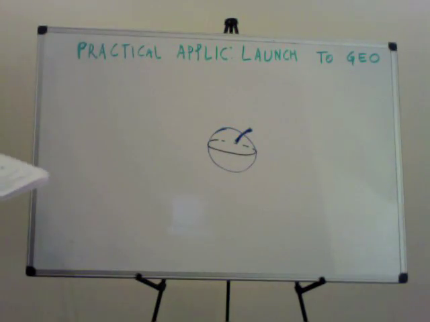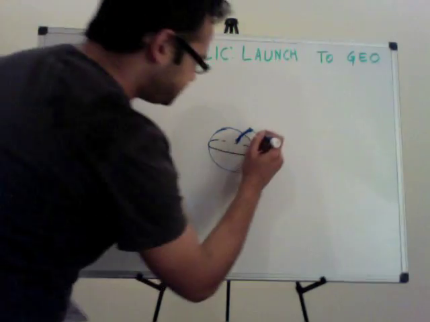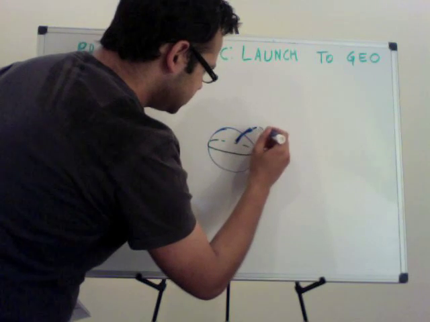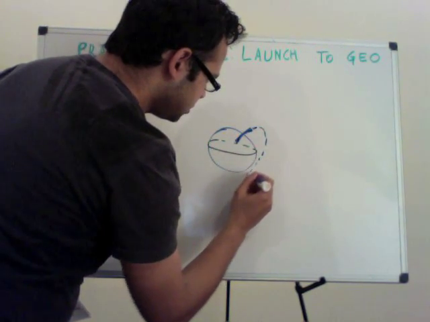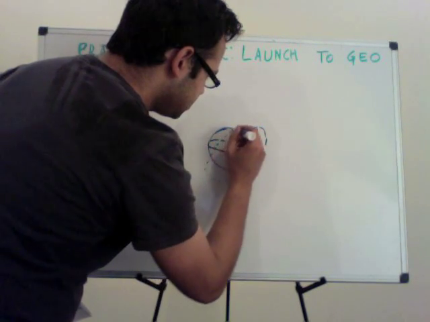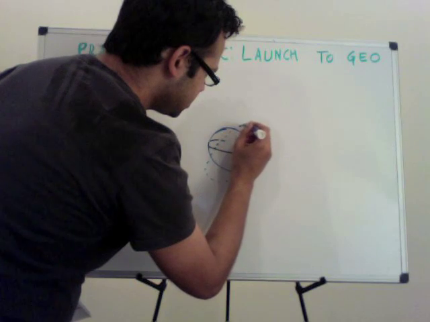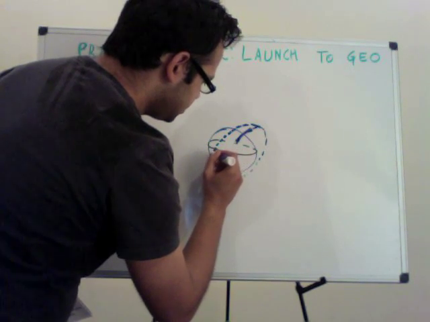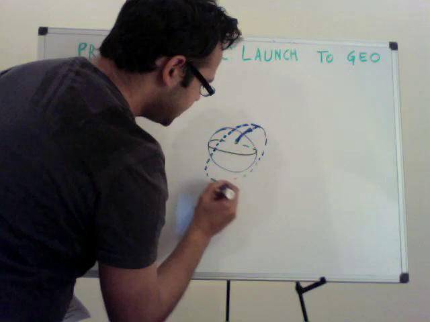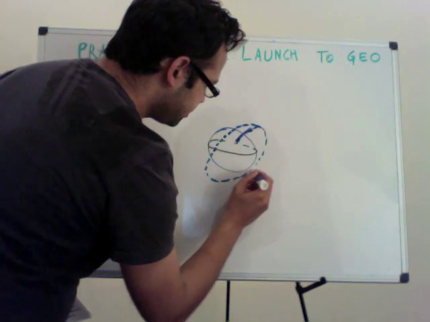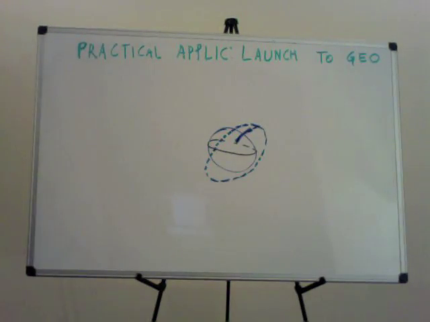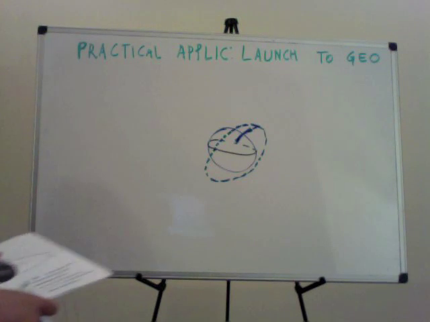So I'm going to try to draw this again. This dotted blue line is the parking orbit. As you can see, the parking orbit is not equatorial, it has an inclination.